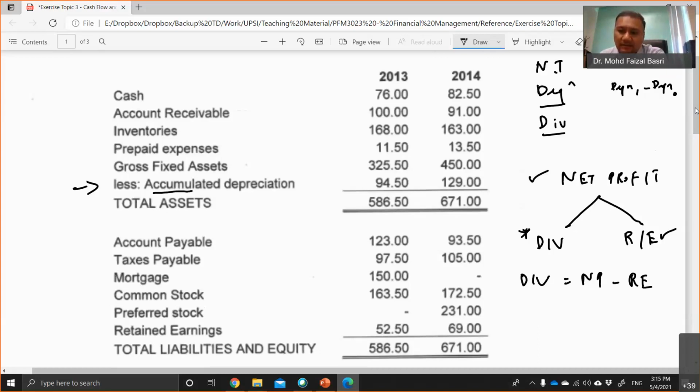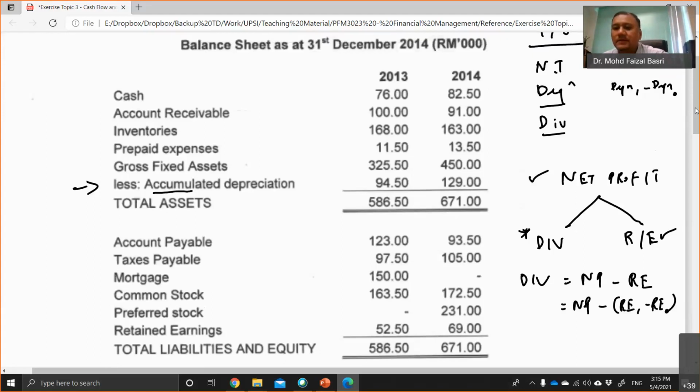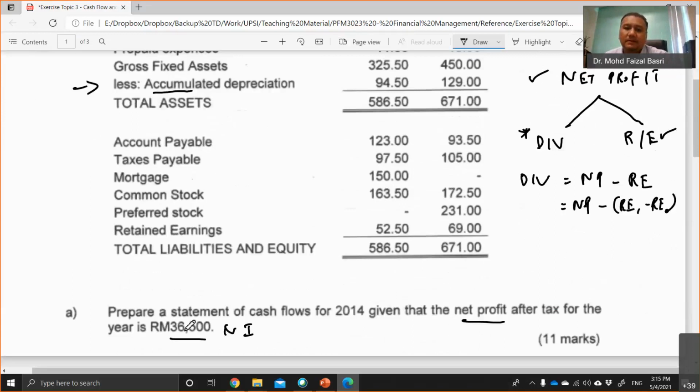Technically, it will be net profit for the year minus RE1 minus RE0, then you get dividend. Net profit is given here, so find the difference of the retaining, then you minus to get the dividend payments.